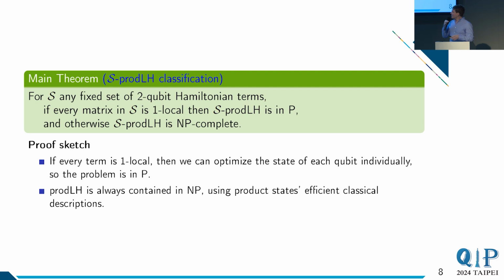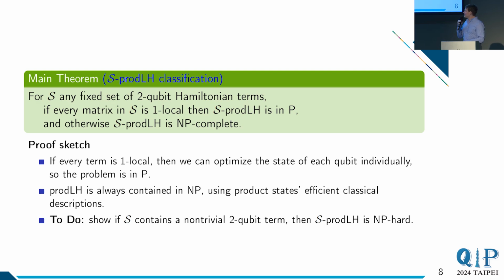From the other direction, the product state problem is always in NP because you can use these nice efficient classical descriptions of the state. And so what we're left to do is to show hardness. In particular, we want to show that anytime you have a non-trivial, like non-one local, 2 qubit term, the problem is NP hard.